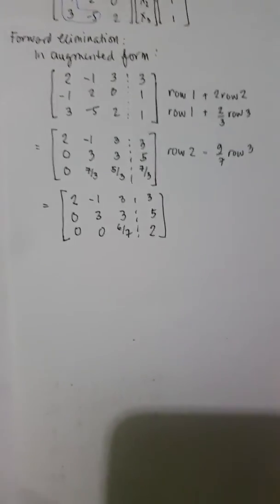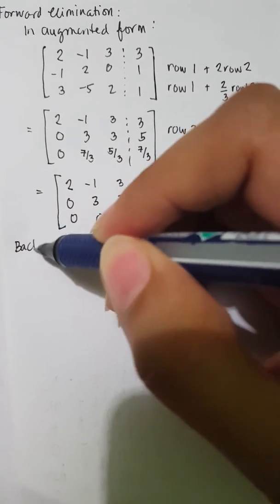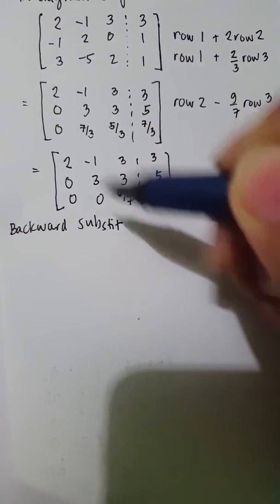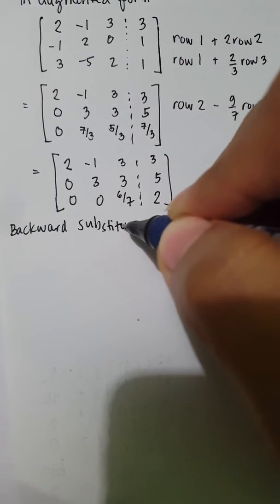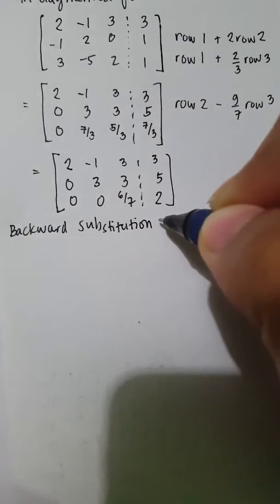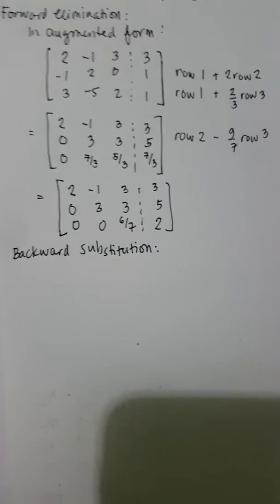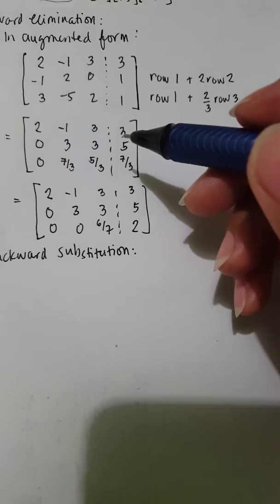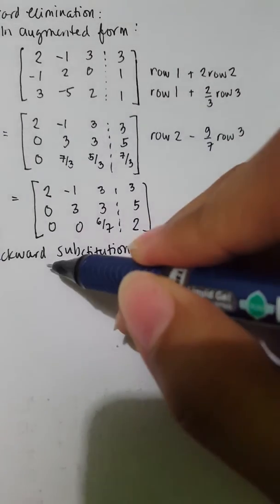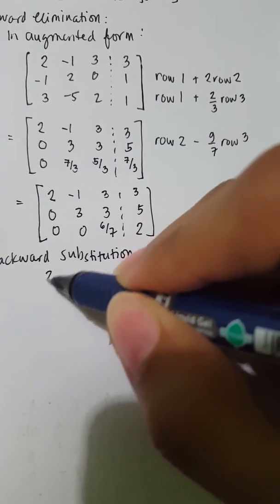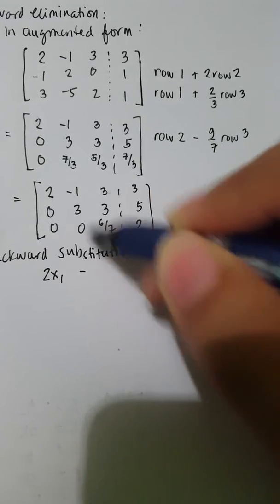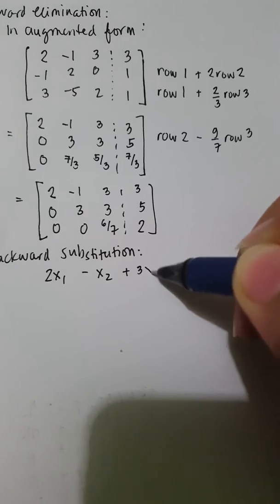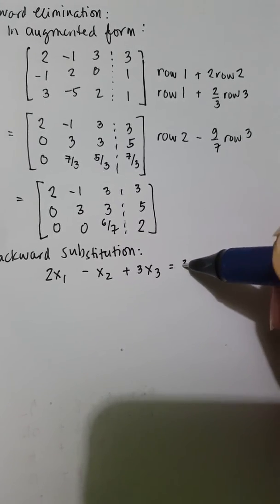And then, backward substitution naman, it just means that substitution, isa-substitute na natin yung values. So, we now have 3 linear equations. From here we have 2x1 minus x2 plus 3x3 that is equal to 3.